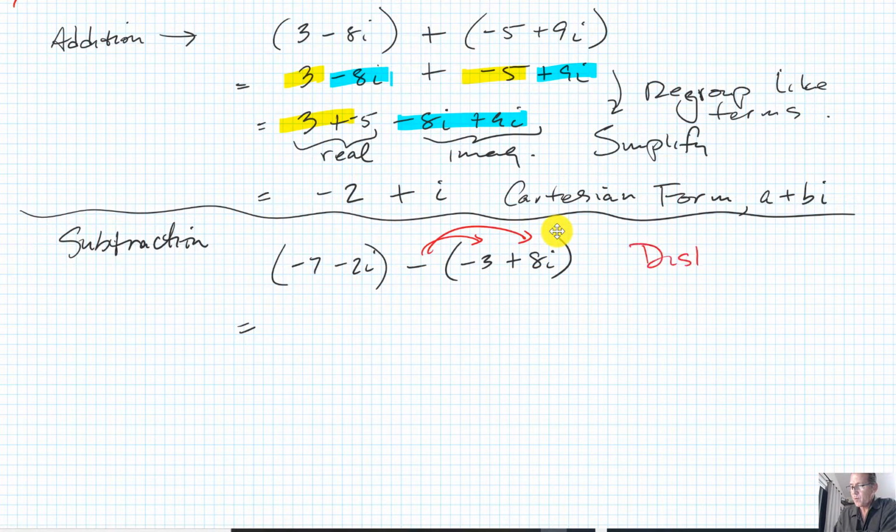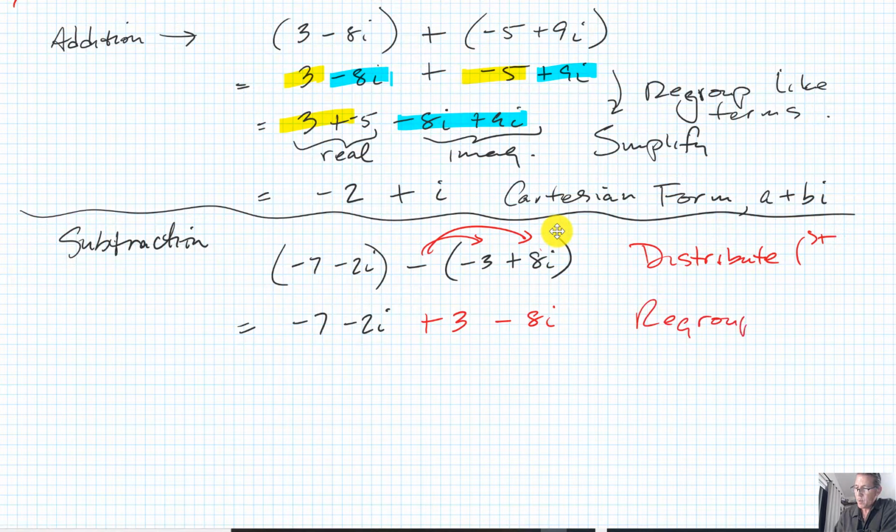Distribute first. Don't forget that step, because you'll probably get it wrong. So I have negative 7 minus 2i, and then I distribute. A negative times a negative is a positive, so minus negative 3 is plus 3, and minus 8i stays minus 8i.